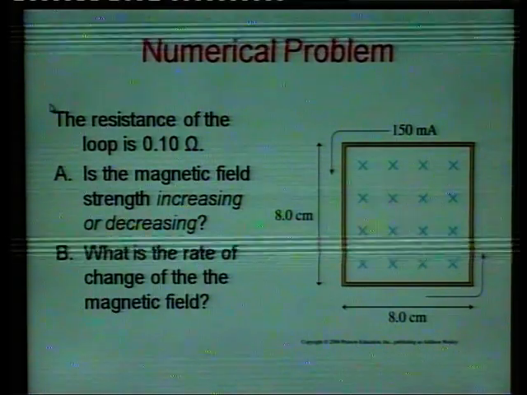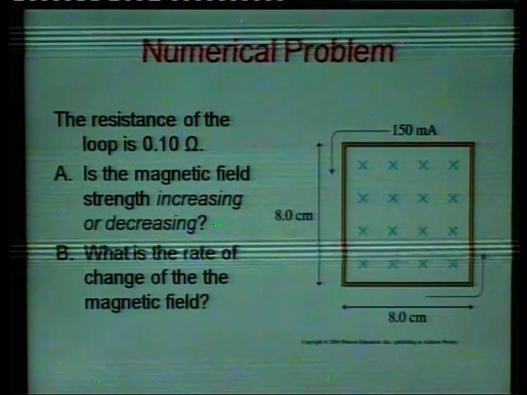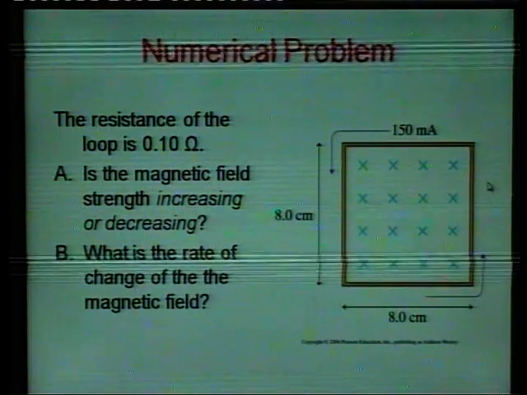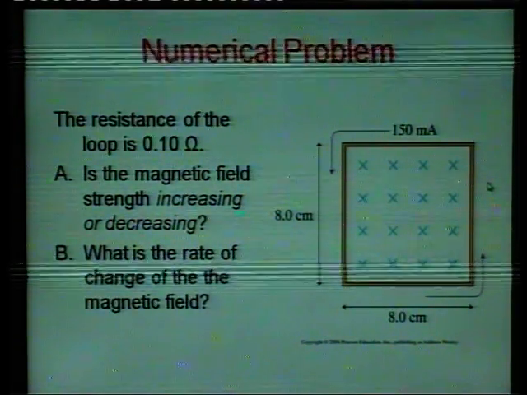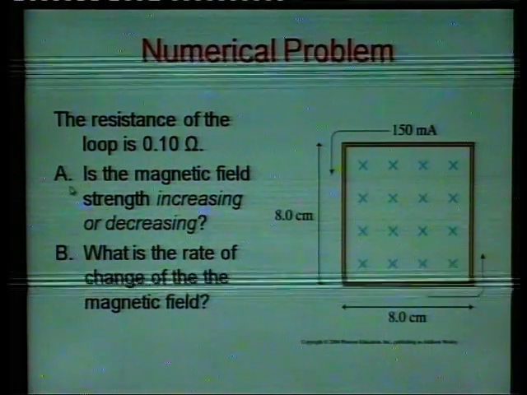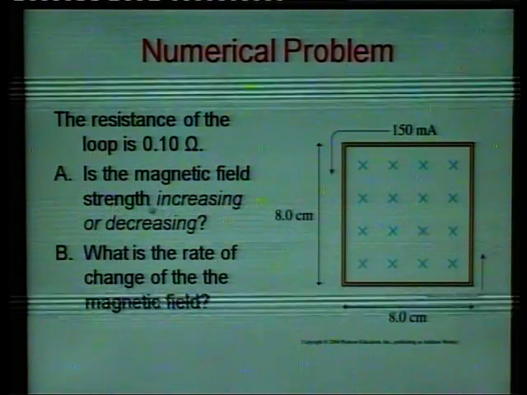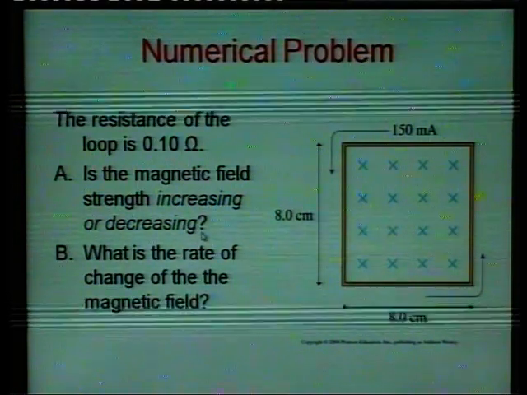So another numerical problem: the resistance of the loop is 0.10 ohm. So the loop is shown here, its resistance is 0.10 ohm. The questions are: first, is the magnetic field strength increasing or decreasing?